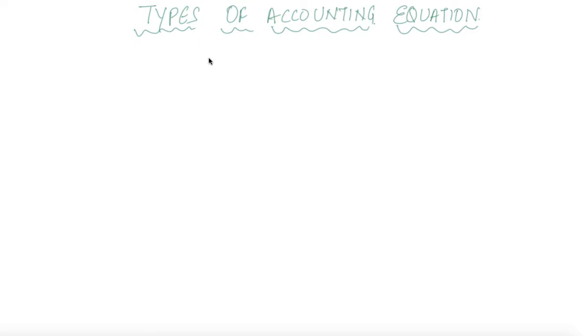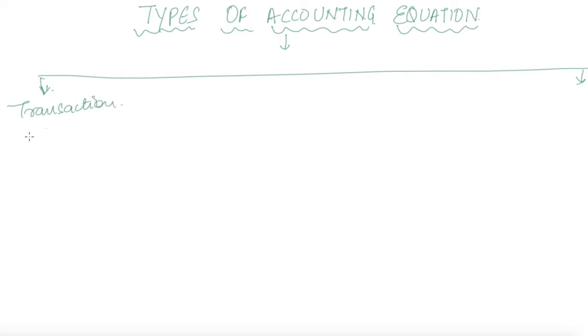Now coming towards our next topic, that is types of accounting equation. We classified accounting equation in two types. First one is transactions affecting two items.